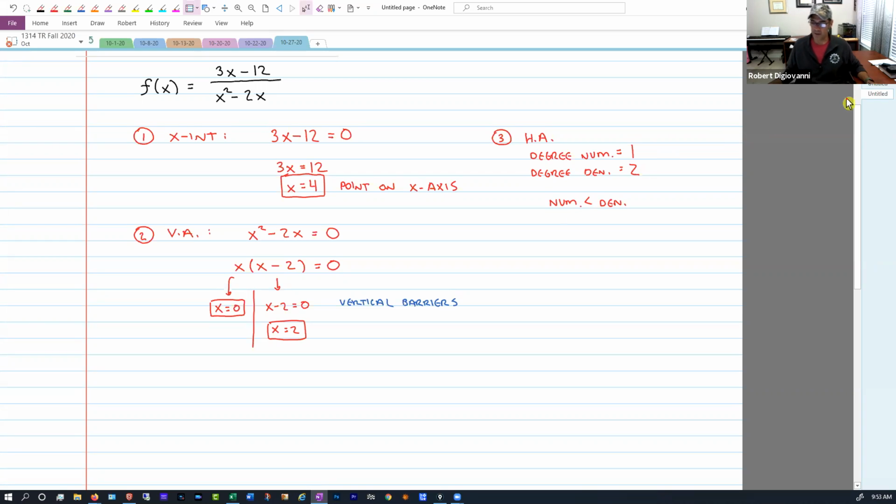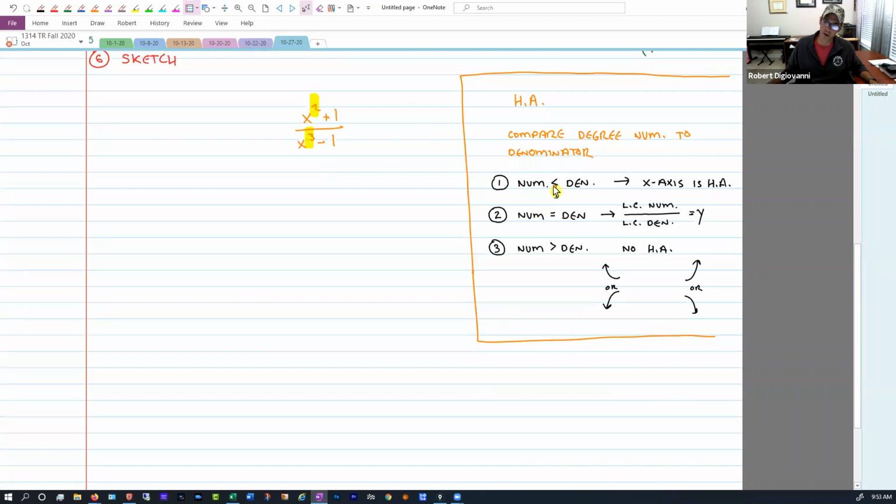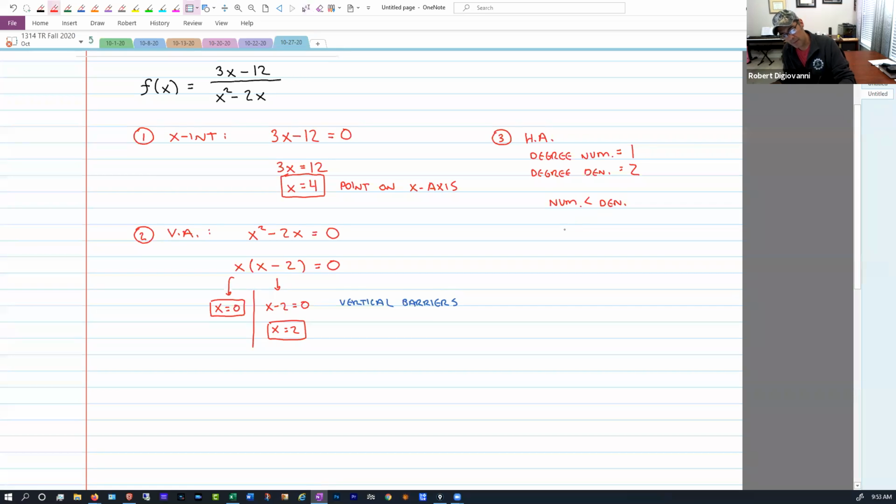And in this case, going back to the notes, whenever the degree of the numerator is smaller than the denominator, the x-axis is going to be our horizontal asymptote. So we're kind of in this first case here, case 1. So just from looking at that, that means that the x-axis is your horizontal asymptote.